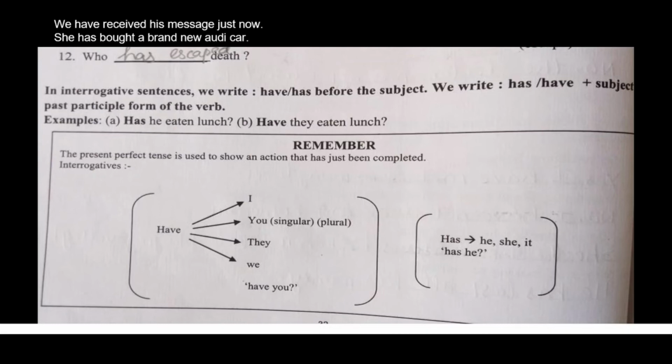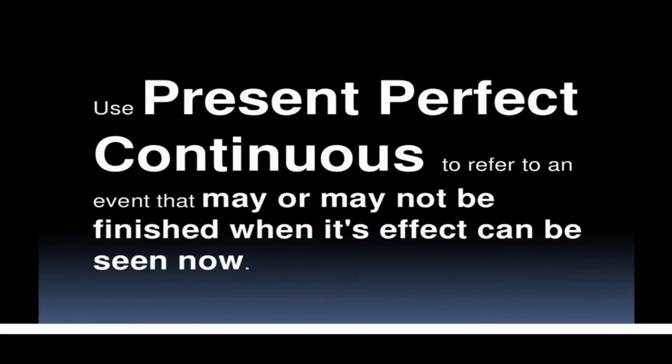Okay, in the interrogative formation, the helping verb have should come in front, like have I, have you, have they, have we, and has for the third person singular: has he, has she, has it. So this is the interrogative formation.